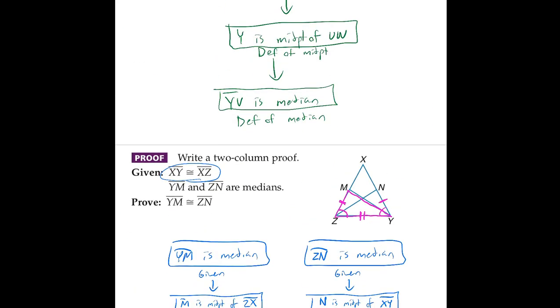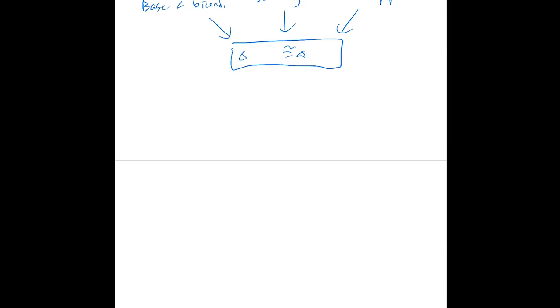So up here, let's go one side, two side, and one side, two side. That's by side angle side. We have a side and a side with the angle between. So side angle side, triangle MZY and triangle NYZ. That was SAS triangle congruence.